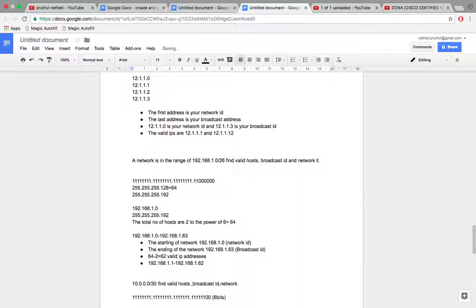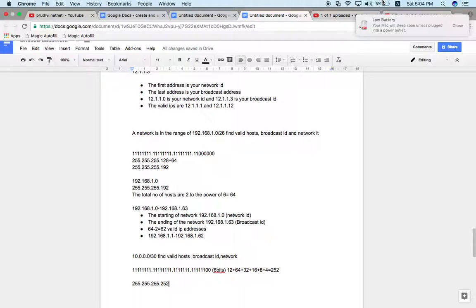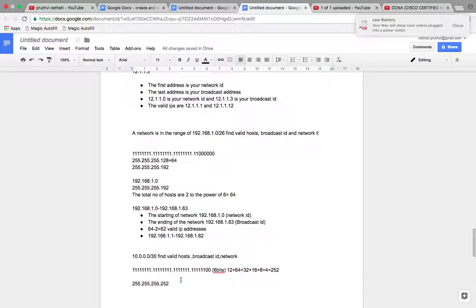That is 128 plus 64 plus 32 plus 16 plus 8 plus 4, taking six bits, which is 252. So the subnet mask is first octet full, second octet full, third octet full, and 252. This is your subnet mask.